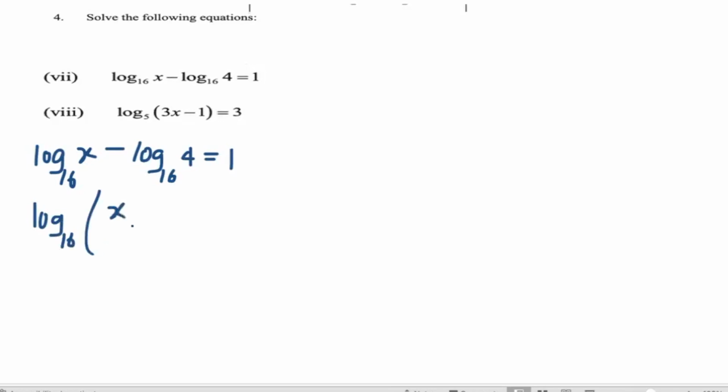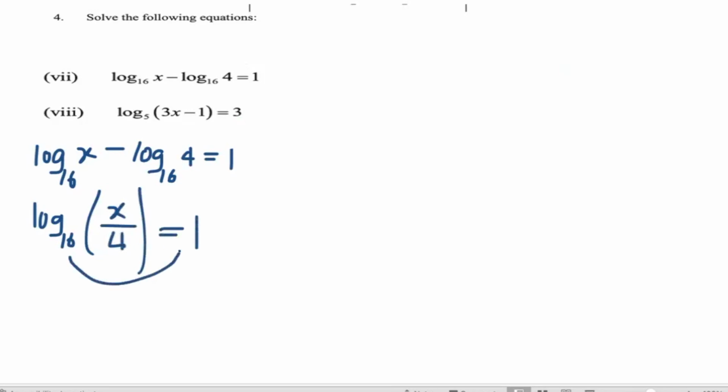The next two, we have log base 16 of x minus log base 16 of 4 equal 1. So when you minus, you divide. So you write the log base 16, and then you have x in the numerator and 4 in the denominator equal 1.